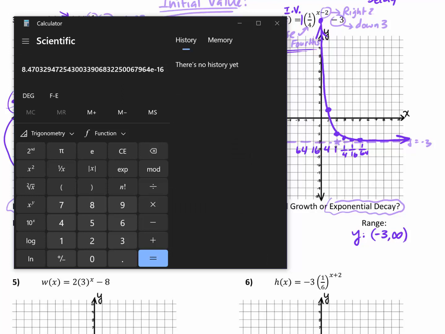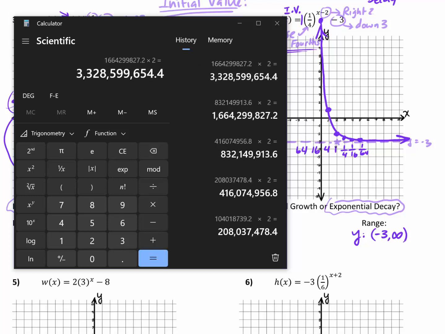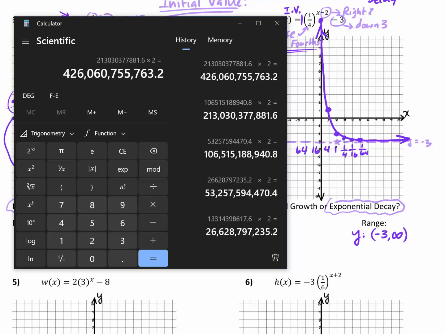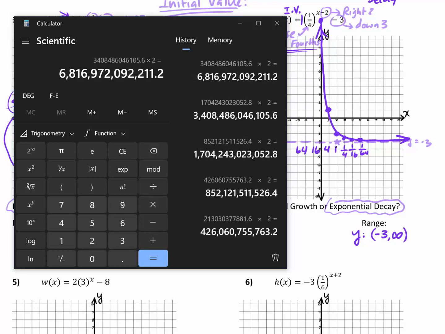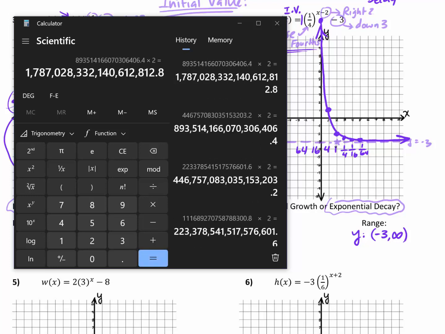If I clear everything here, you can start with any number, like 3.1. And if you multiply by 2 and just keep hitting enter and enter, you can start to see the answers grow. And pretty soon, on your little calculator, all of the different positions would be full, and there would be no more room to calculate, and so it would say overflow.